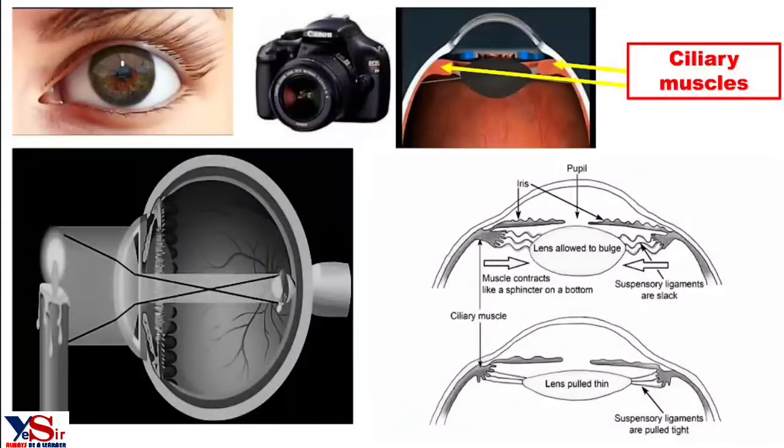In these two pictures, in the first picture the muscle contracts like a sphincter and the lens is allowed to bulge. Suspensory ligaments are slack. In the downside picture, the lens is pulled thin, and here the suspensory ligaments are pulled tight. Both diagrams show the ciliary muscles also. So you clearly understand the accommodation of the lens.